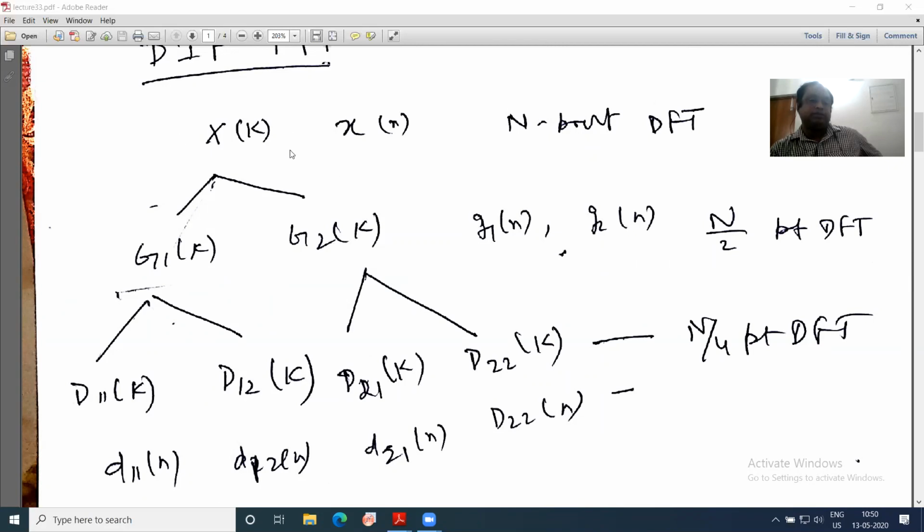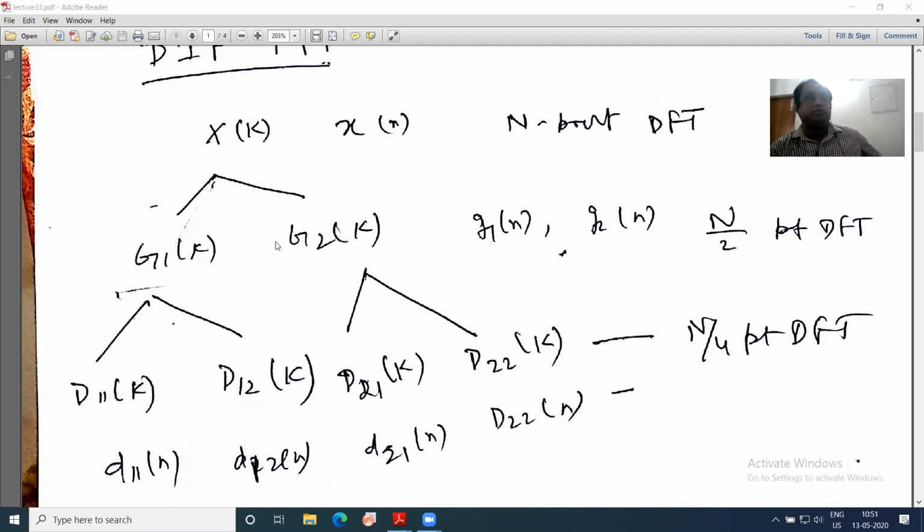Since x of k is essentially a discrete frequency, k takes values 0 to n minus 1. Here k will take values 0 to n by 2 minus 1. Here k will take values 0 to n by 4 minus 1. But the point is that this division or decimation is carried out in the frequency domain.